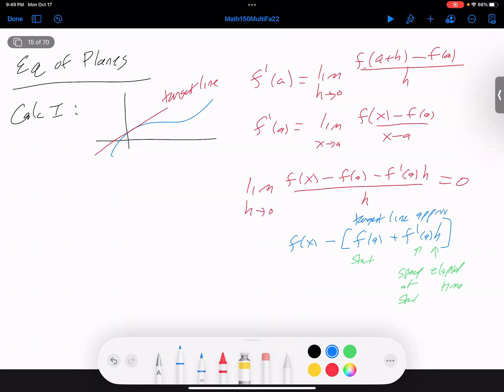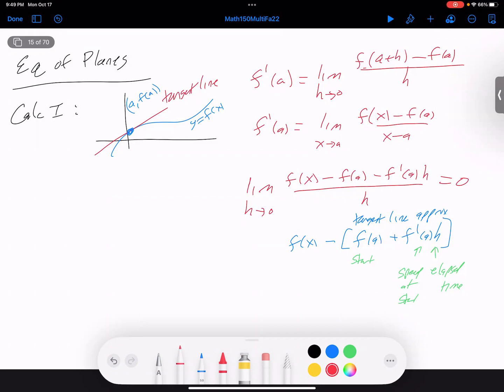So if we think about what's going on at this point, if this is the x coordinate a, what's the coordinates of this point? It's a, and this is the curve y equals f of x. So what would be the value of f when x equals a? F of a. And what would be the slope at this point, the slope to the curve y equals f of x? F prime of a.